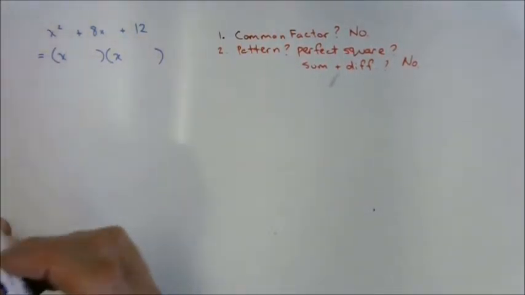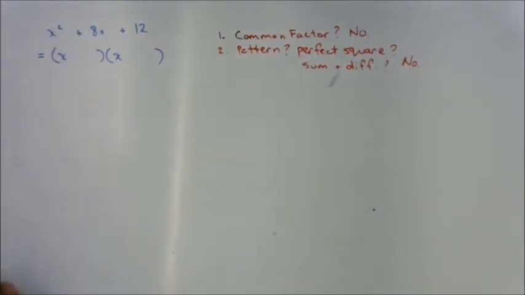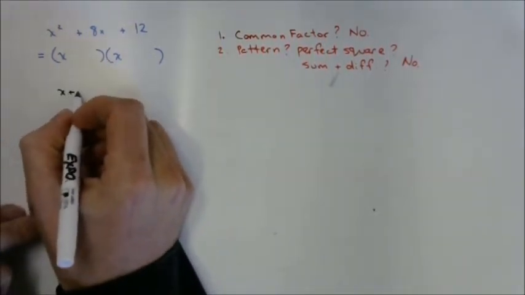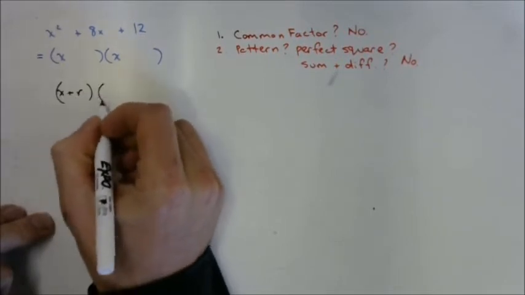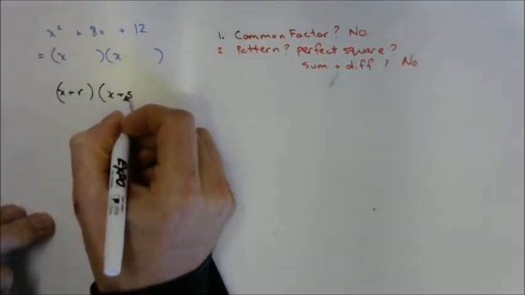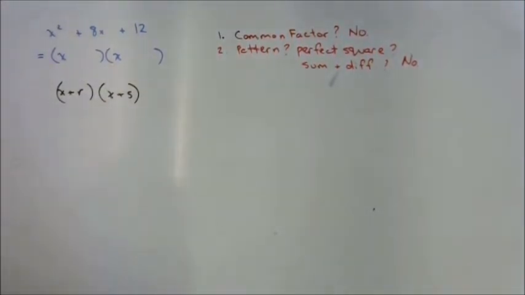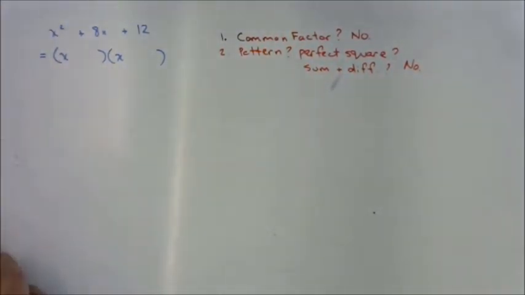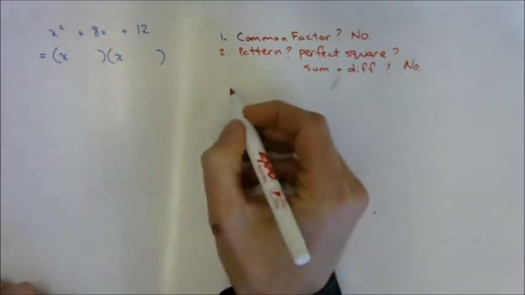Okay? You should be able to recall that factored form is x plus r, x plus s, right? So we're looking for 2 numbers that are going to fill in these spaces. Well, what are the characteristics of those 2 numbers?